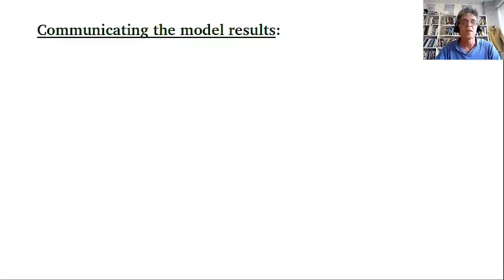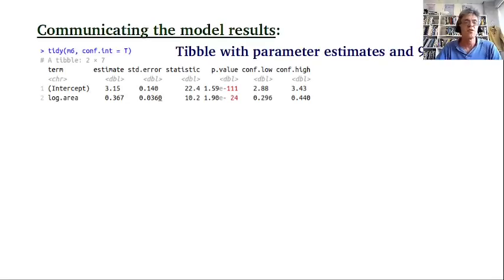The main results can be shown here in a table with parameter estimates and the 95% confidence intervals. The confidence interval says that the slope could be as low as 0.29 or as high as 0.44. This is a range of equally plausible values of the slope, relating the log area with the number of species, that are compatible with the data and the fitted model.